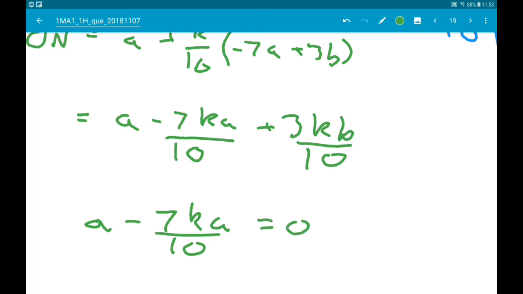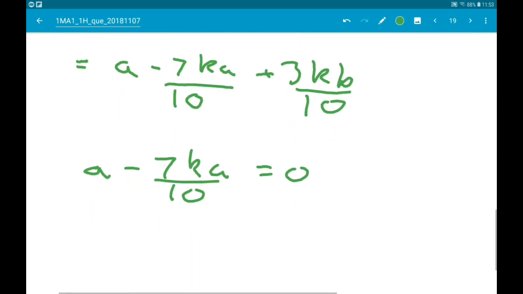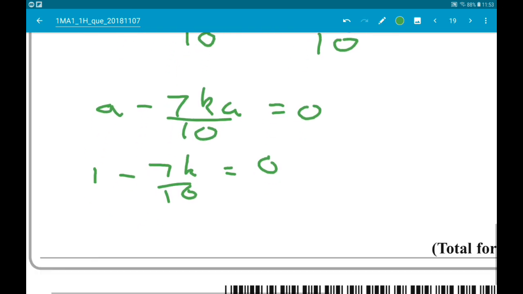So if we divide through by a, we get 1 minus 7k over 10 is equal to 0. So we can get 10 is equal to 7k. So k is equal to 10 sevenths.